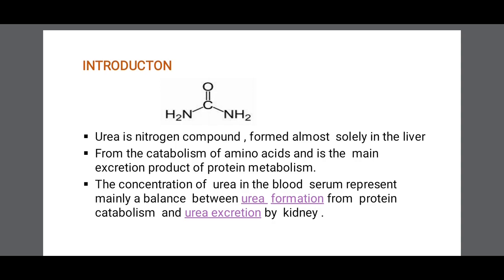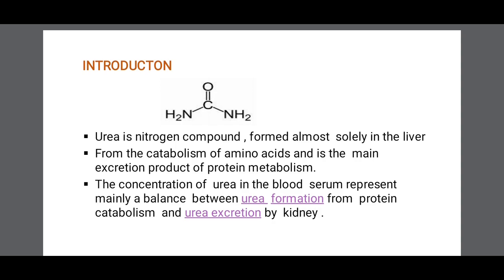Urea is a nitrogen compound formed almost entirely in the liver. As we can see in the structure of urea, it has 2 amino groups and 1 ketone group. It comes from the catabolism of amino acids and is the main excretion product of protein metabolism.